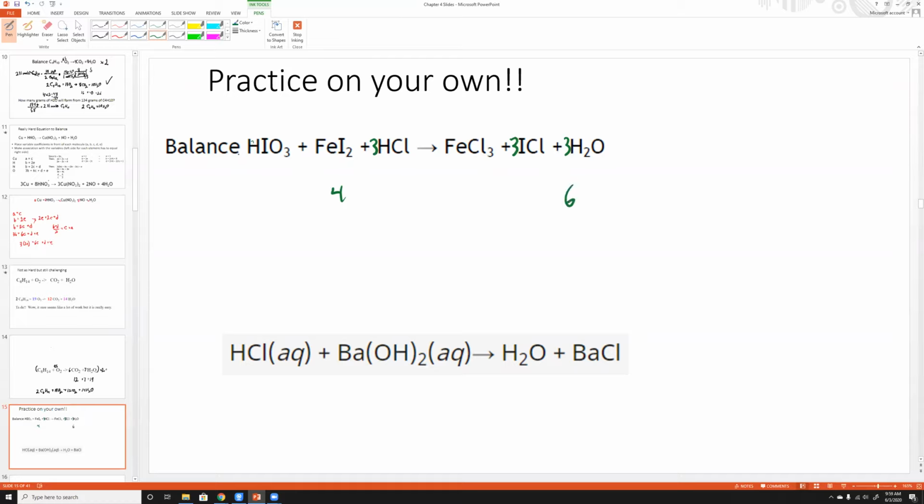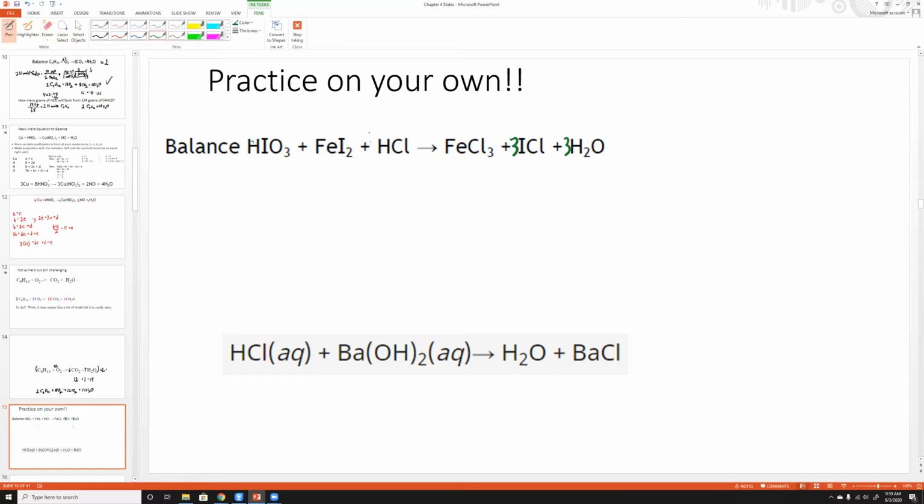Okay. So if we put a... how the hell do you solve this? This is a tough one. This is a really tough one. So if you put a, wait, if you put a 6 here, hold on, the chlorines aren't balanced, because there's 3 chlorines here, times 6 makes 6 of them, so we have to put a 6 there instead of a 3. So this part was wrong.